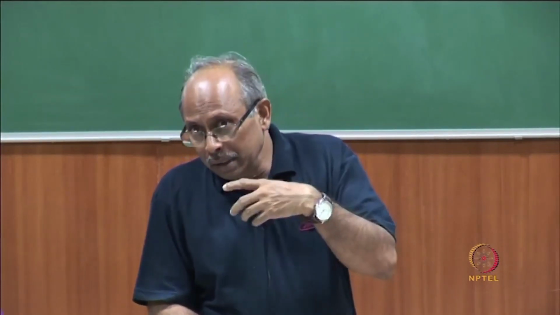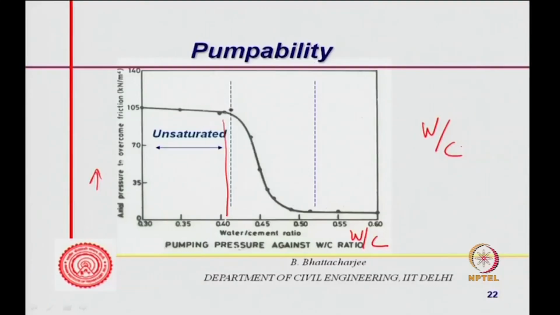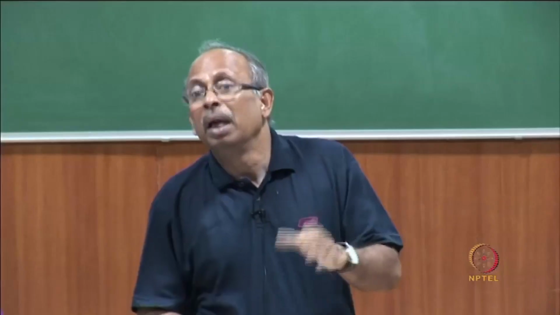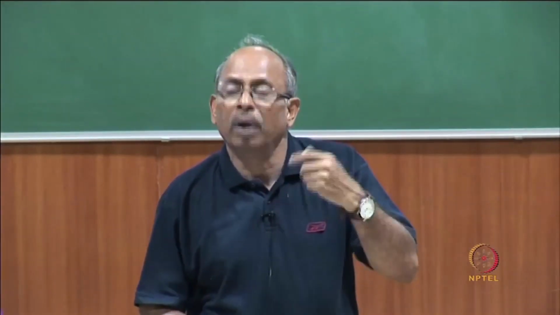I will not call it C today, I will call it cementitious, maybe CM, cementitious material. So, water to cementitious or powder. If the water to powder ratio is low, it may be unsaturated. In other words, a sufficient lubricating layer may not form because of lack of grout.